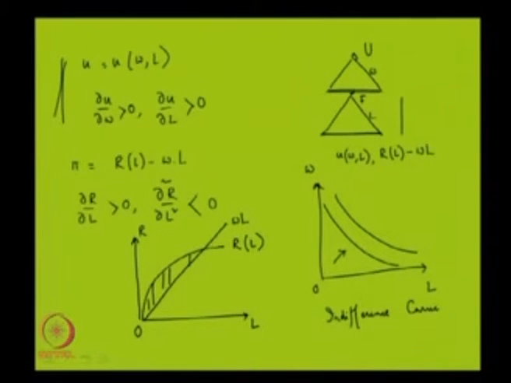Now, talking about this R and WL, I can also find out what is the indifference curve of the firm, which means along what W and L the firm is getting the same amount of profit. That will not be called an indifference curve per se, but it will be called an iso profit curve.